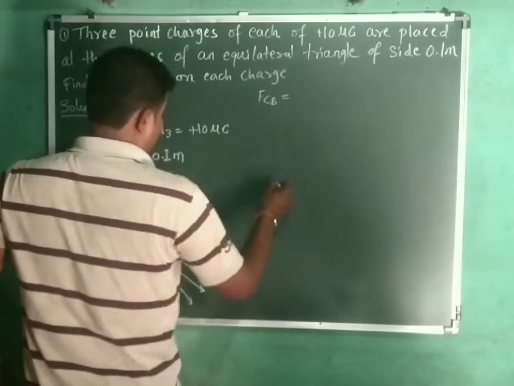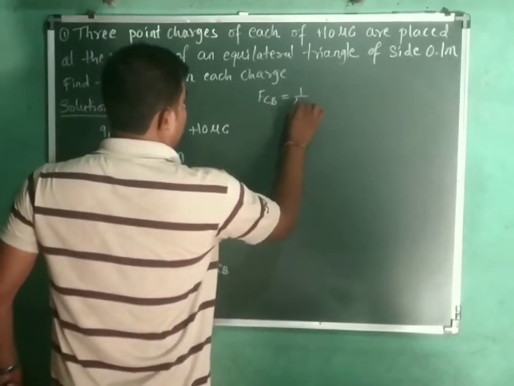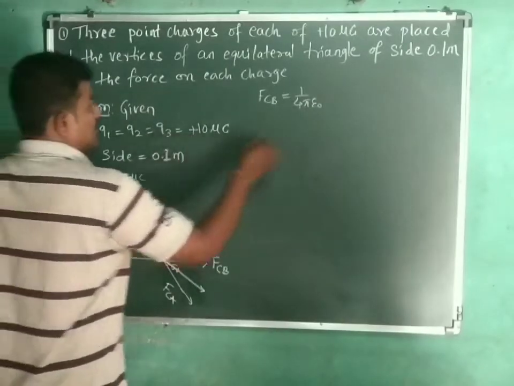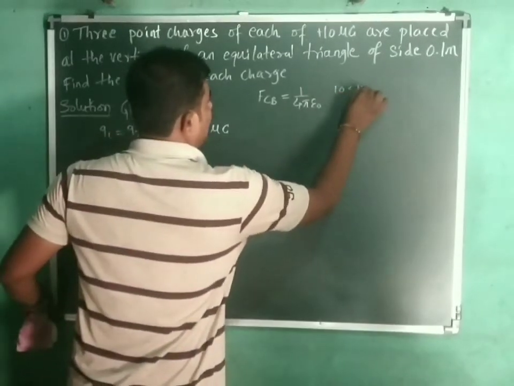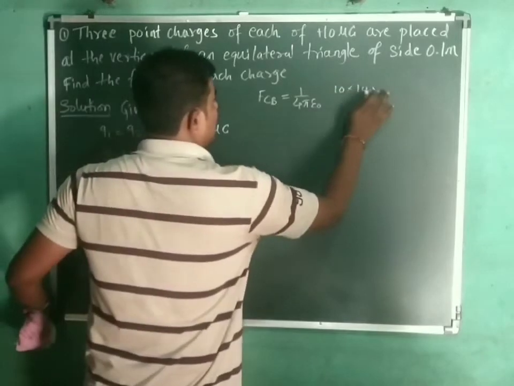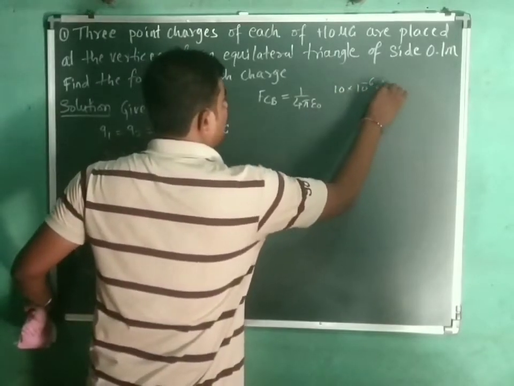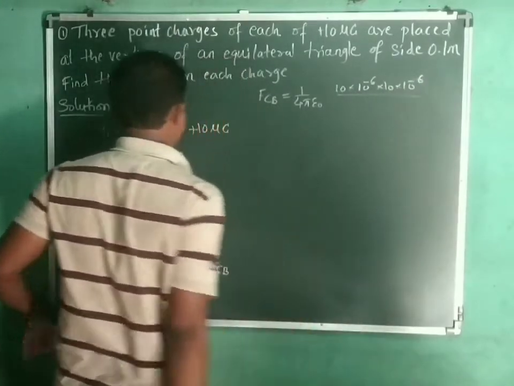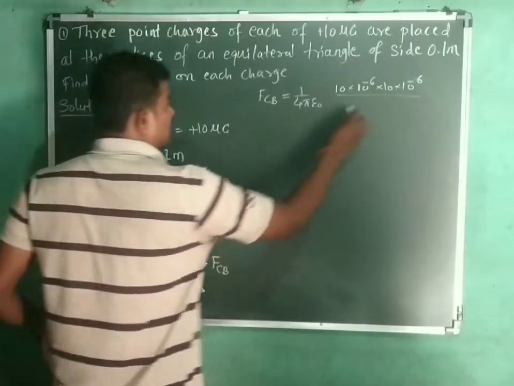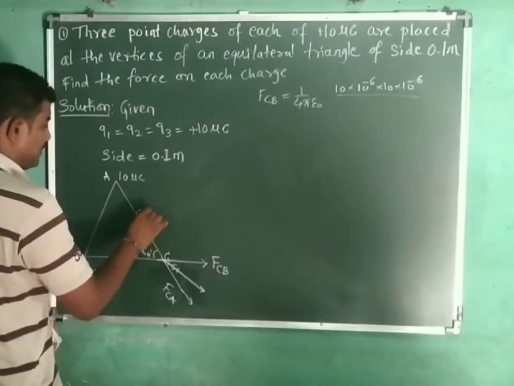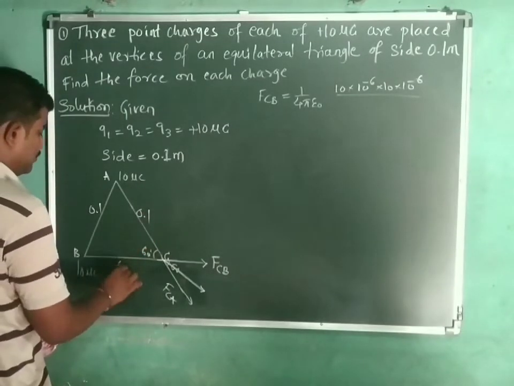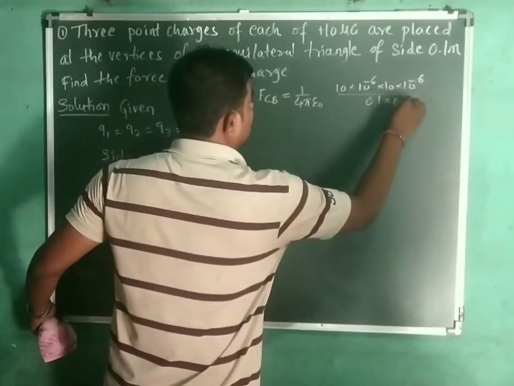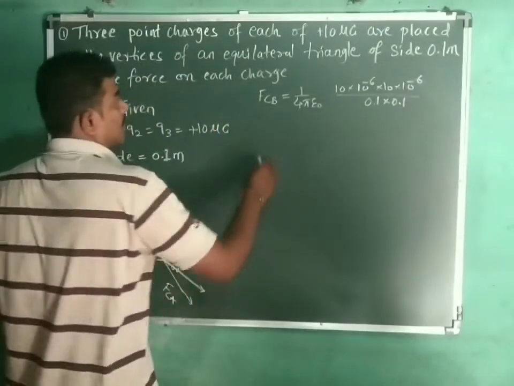FCB is equal to 1 divided by 4 pi epsilon naught Q1 Q2. Q1 is how much? It is 10 into 10 to the power minus 6, since micro is there, into 10 into 10 to the power minus 6, divided by R square. R is the distance, 0.1, so it is 0.1 into 0.1, squared.